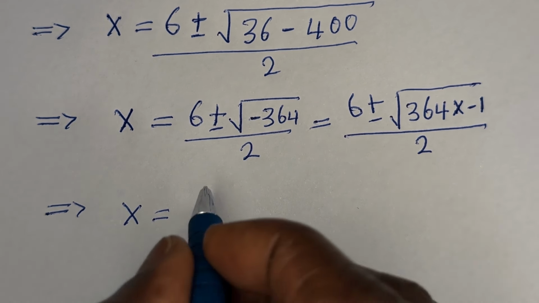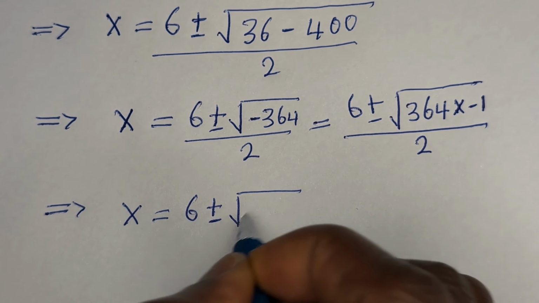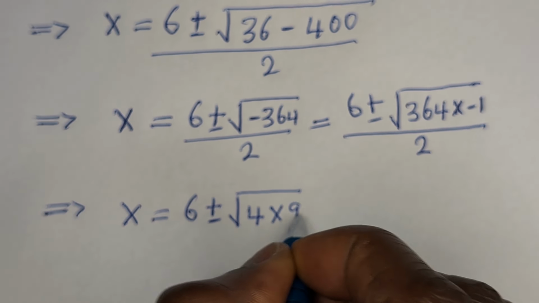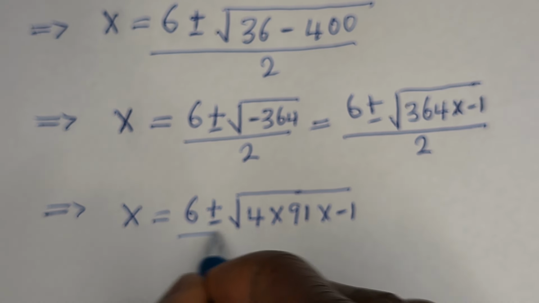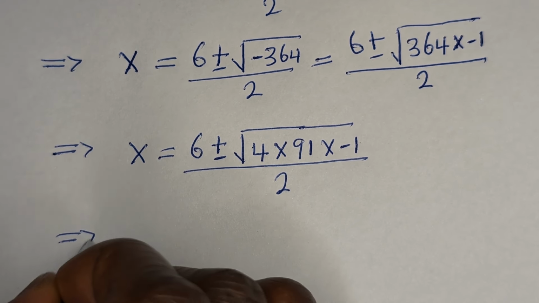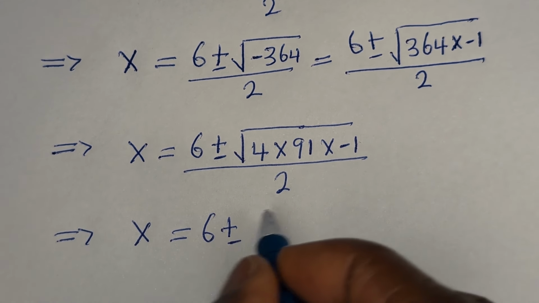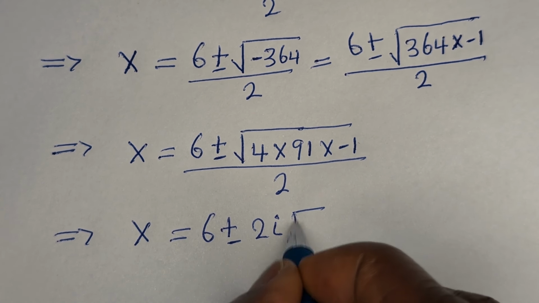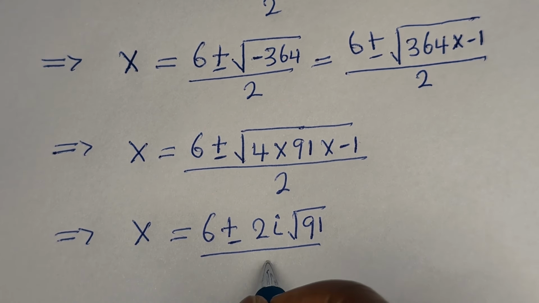s is equal to 6 plus or minus square root of 364 can be written as 4 multiplied by 91, then multiplied by minus 1, over 2. s is equal to 6 plus or minus square root of 4, that is 2. Square root of minus 1 is i, then square root of 91 over 2.